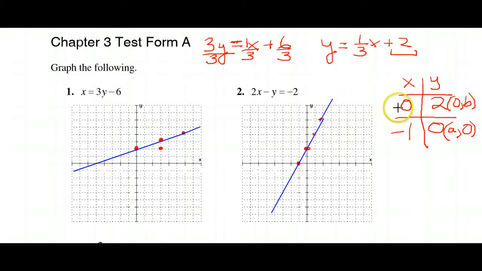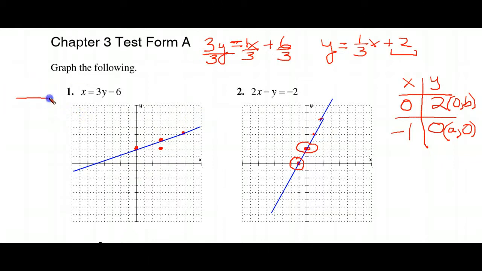Now, with your math lab, they're very easy to graph. But let me point out something now. Right here, that is your y-intercept. And right here, that is your x-intercept, where the graph will cross the lines. Now there's other tools.